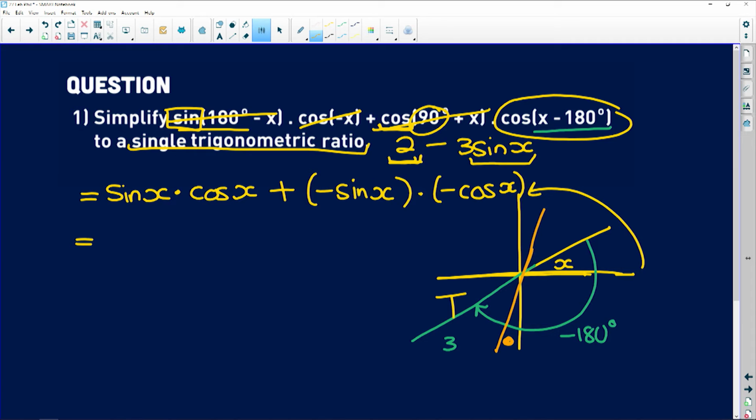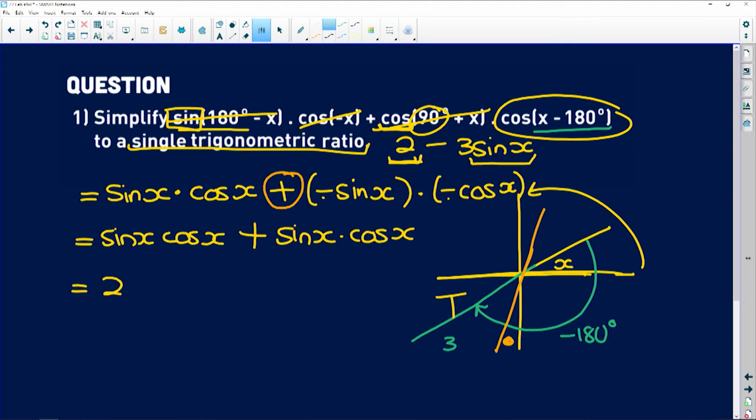Okay, so once you've established that, it becomes easy peasy, guys. Simplification. Remember, if there's a plus, you need to deal with the terms on either side of it. So we've got sine of x multiplied by cos of x plus a negative times a negative is a positive, so that stays the same, and then sine of x cos of x. Okay, so we have some like terms here. That gives us 2 sine x cos x.